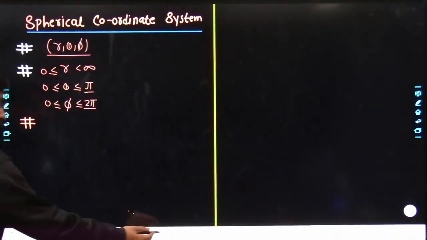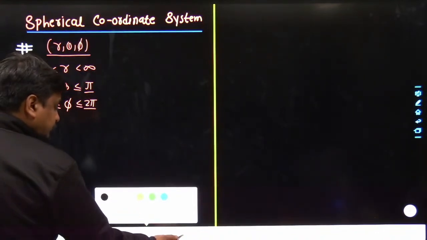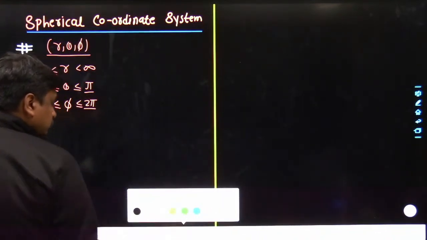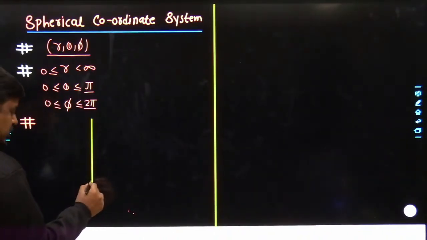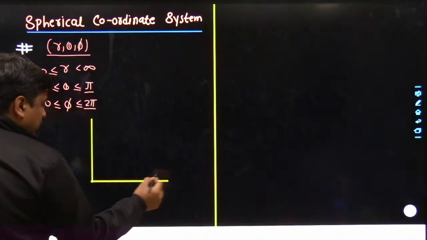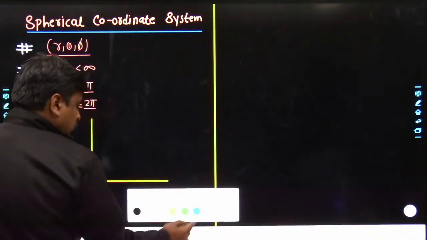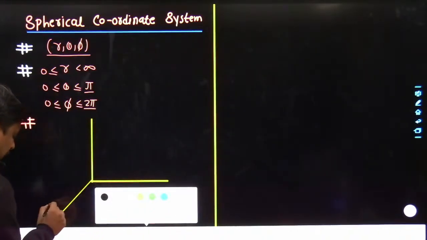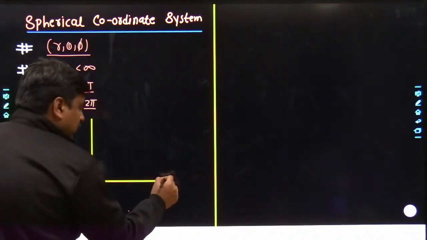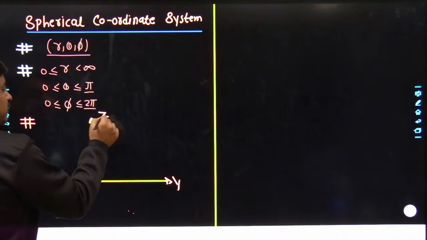So here goes the positive z axis, here goes the positive y axis, and here goes the positive x axis. So in the background I have taken the reference of the Cartesian coordinate system, which has three different axes.